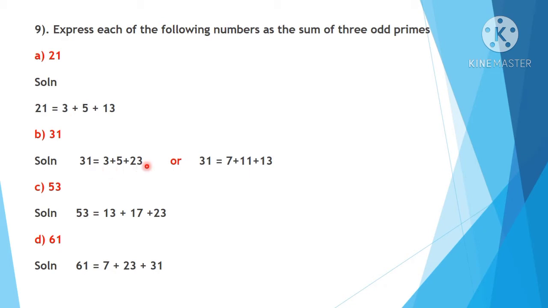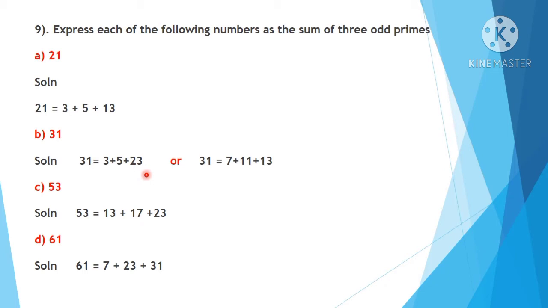Some students will write 7 plus 11 plus 13. This is also correct. Why? Because 7 is an odd number and also a prime number. 11 is a prime number and also an odd number. 13 is also a prime number and an odd number. But what is the condition?